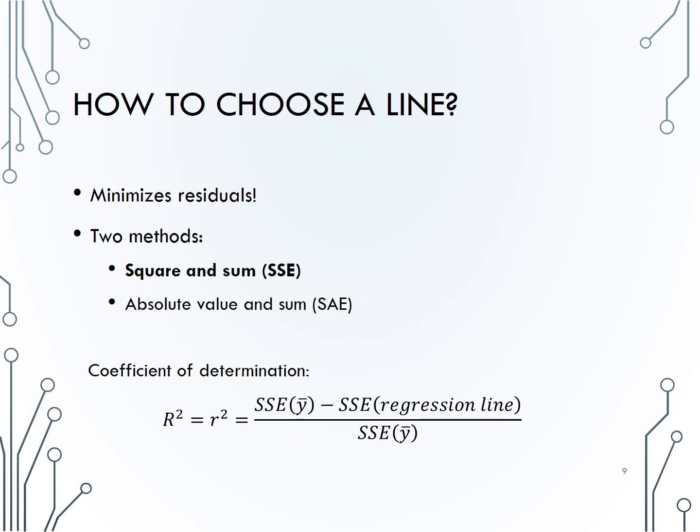Lastly, we could ask you to calculate what's called the coefficient of determination, or notationally capital R squared. We can calculate R squared by taking our correlation coefficient, little r, and squaring it, or if we give you the sum of squared errors of a horizontal line at the mean response, or SSE y bar, and we give you the SSE of our actual line, you can use the formula seen to calculate coefficient of determination.